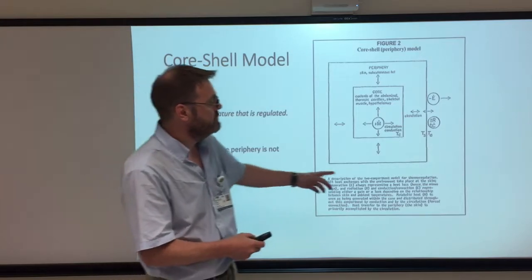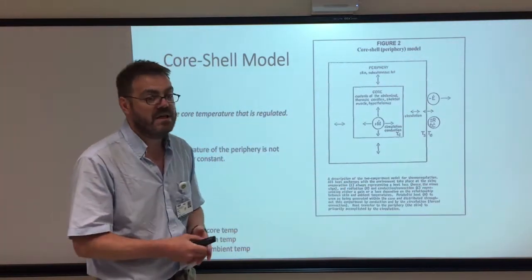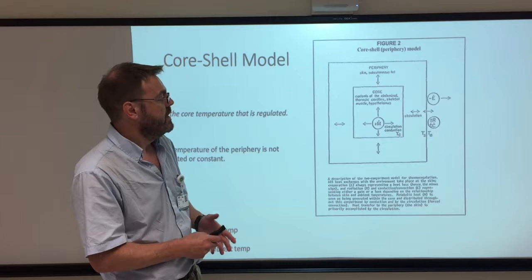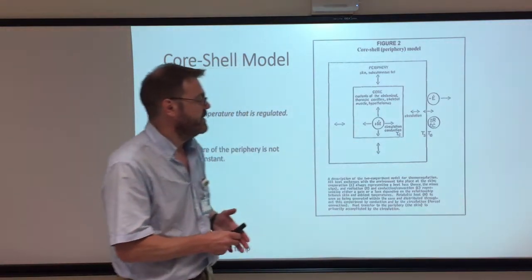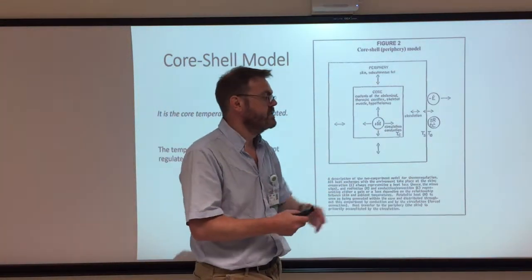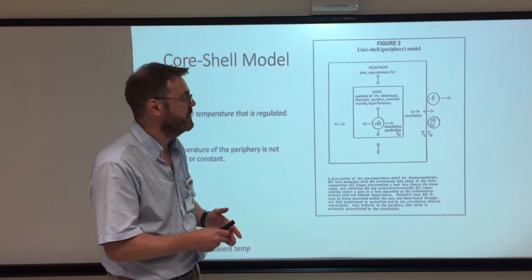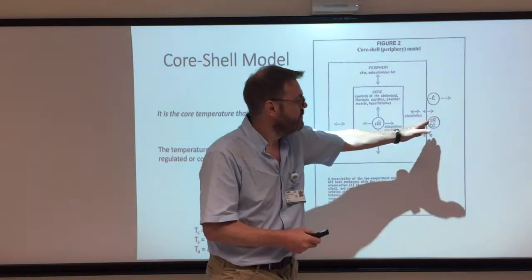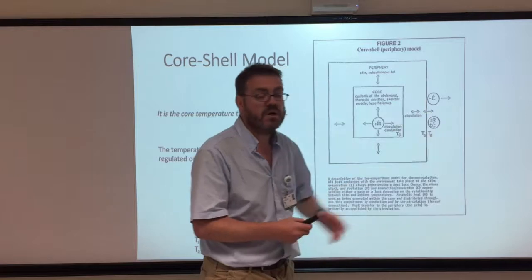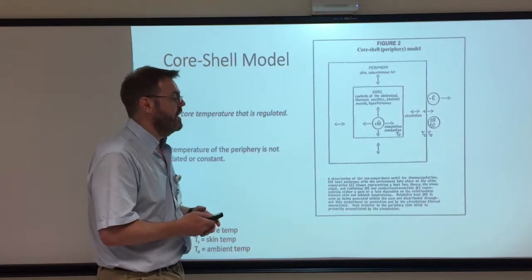And then surrounding that obviously is the atmospheric temperature, Ta, and this can either gain heat through radiation or conduction or convection, or lose heat either by those ways or as well by evaporation.